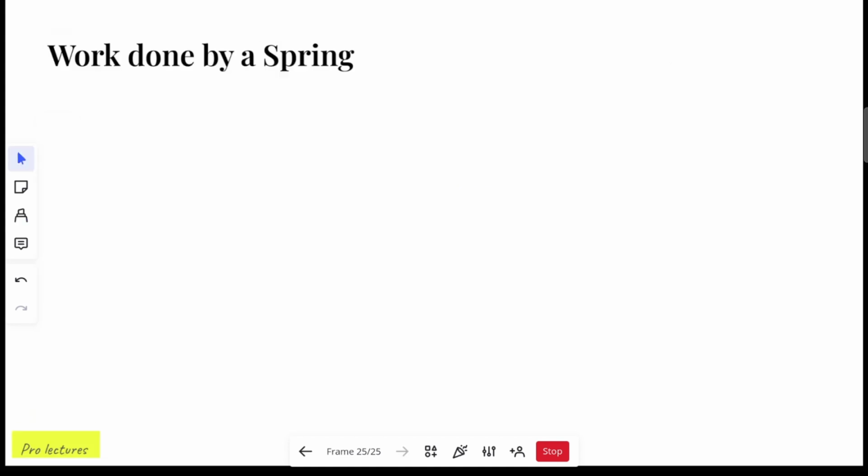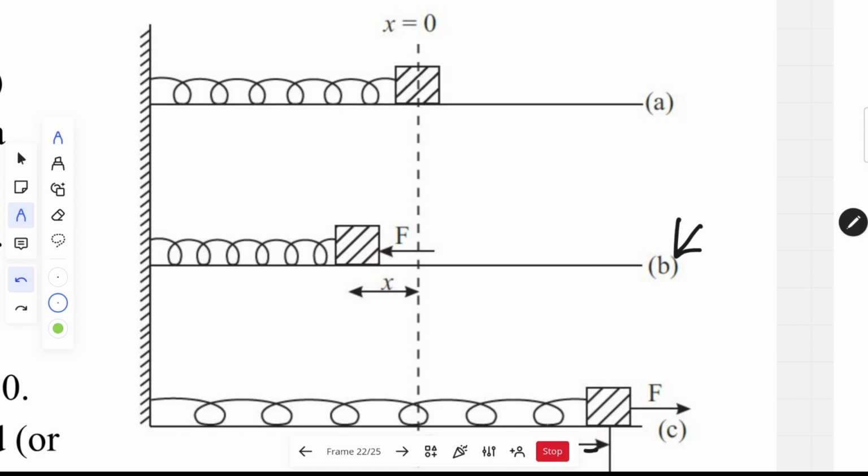Now let us calculate the work done by the spring and also examine whether it is positive or negative. In compression of the spring, the external force F is directed towards the left, and the displacement from the equilibrium is also to the left. Hence the force and displacement are in the same direction, so theta is 0, and the work done is positive in compression.